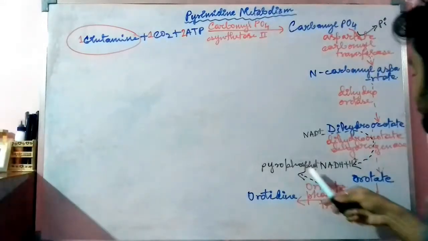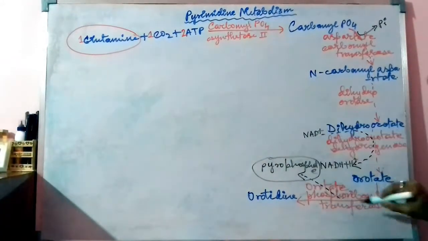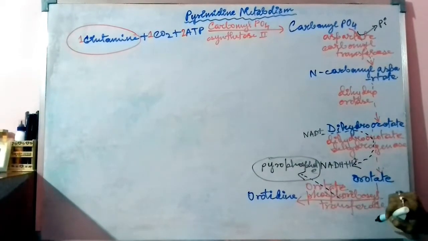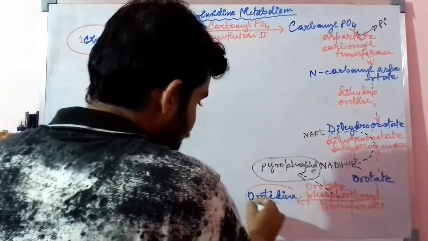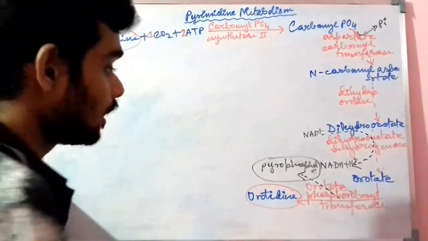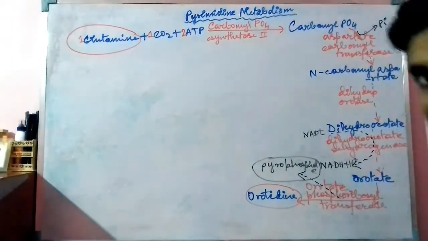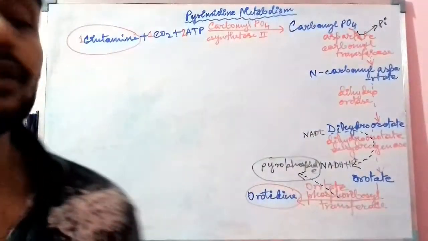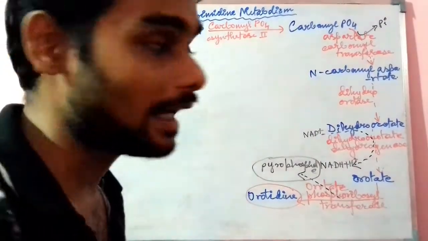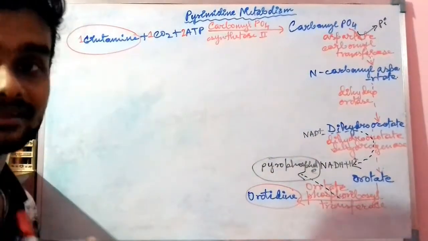From orotate, the pyrophosphate gets liberated, and in the presence of orotate phosphoribosyl transferase, it is converted to orotidine. So orotidine is the first stable pyrimidine base compound. From this orotidine compound, the other pyrimidine bases that are necessary, like uracil, uridine, thymidine or cytidine, are formed. So orotidine is the first basic stable pyrimidine class of nucleotide.